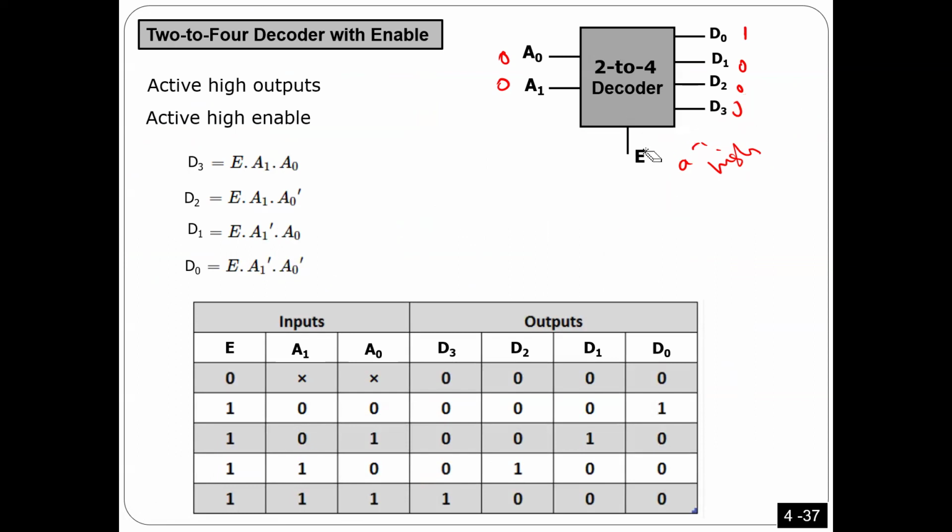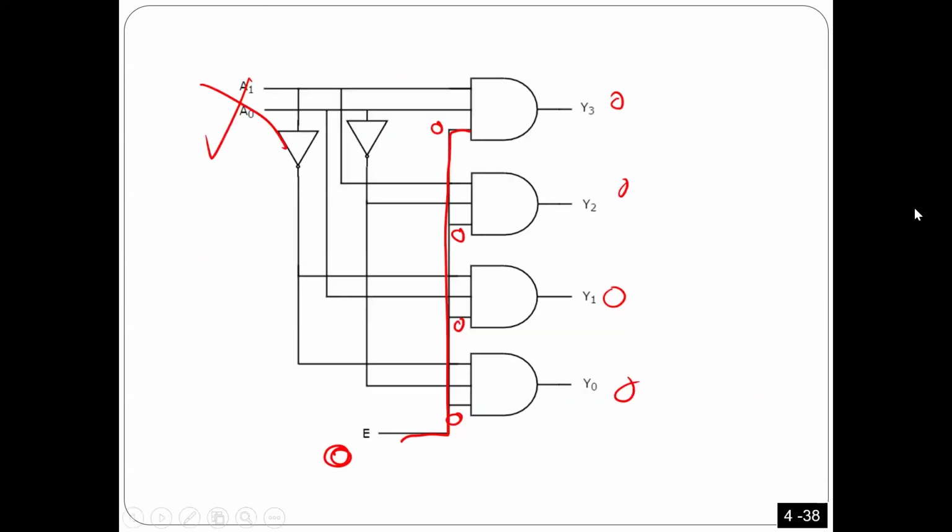However, there is another way I can do it, just by putting a bubble here. If you see an enable with a bubble, again this is for any logic circuit, that means this enable is active low. Active low means in order to enable the decoder, I have to put 0. Okay? You need to be familiar with this.